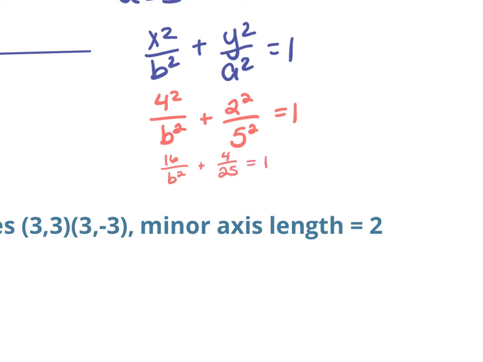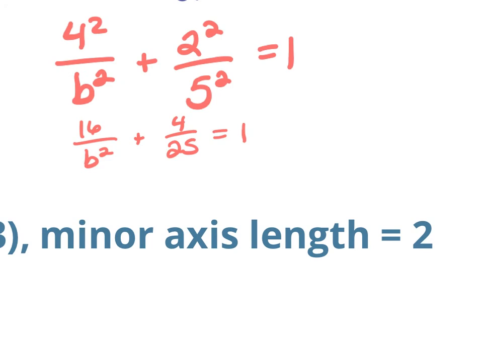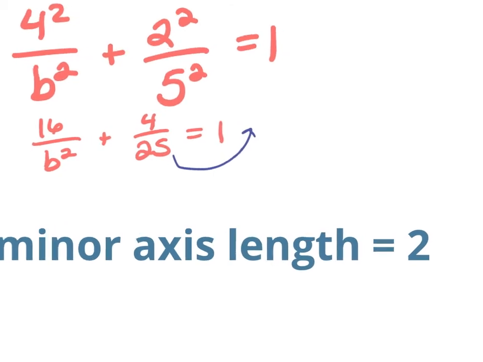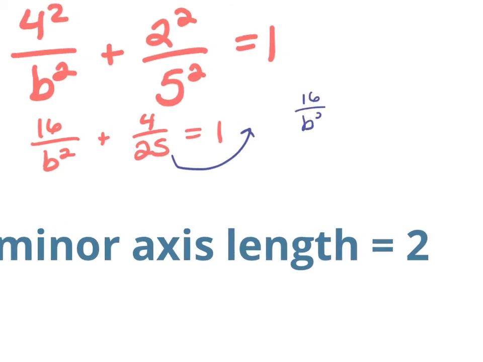Now what? Square root it. Not yet. Can you cancel out the b squared? Nope. Get the fractions out. There's a couple different ways to approach this, but I would move one of them to the other side. 1 minus 4 over 25, and 1 becomes 25 over 25.